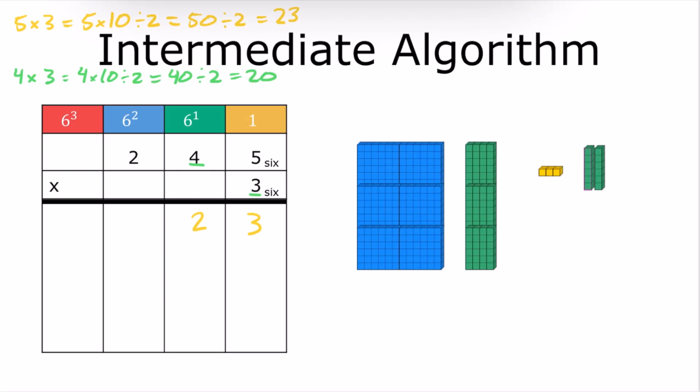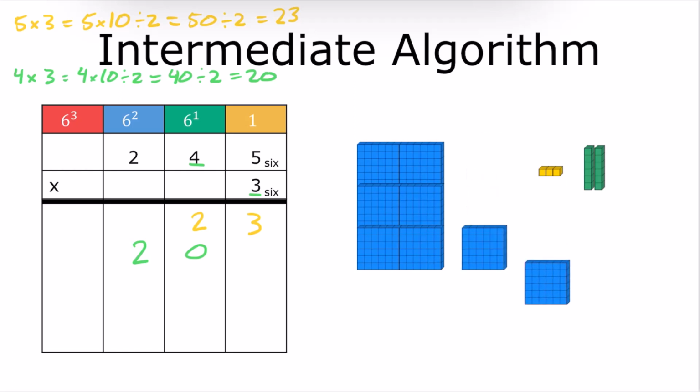So I'm going to have 20 rods, which means that it would look like that. And we can verify this because if I take these rods and group them together, there's enough for 1, and here's enough for 2, and you can see that we do indeed have 20 rods.